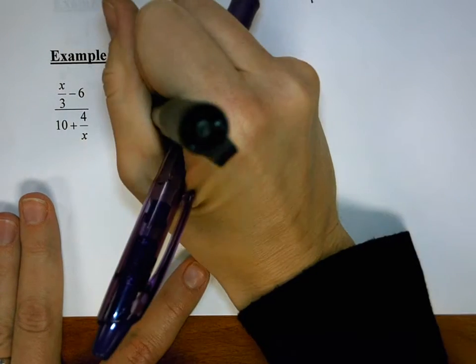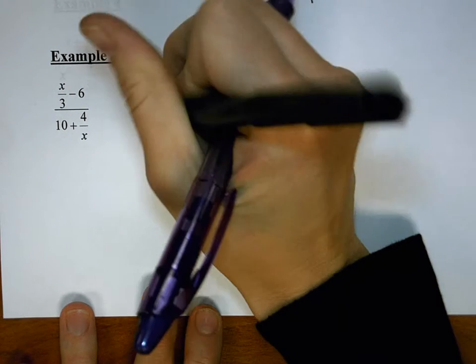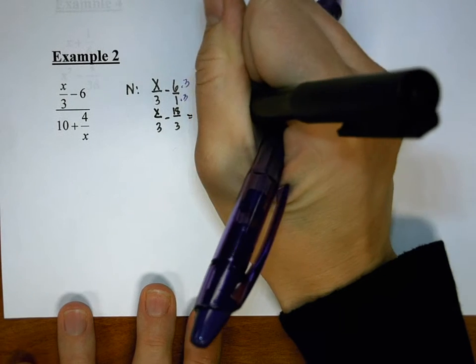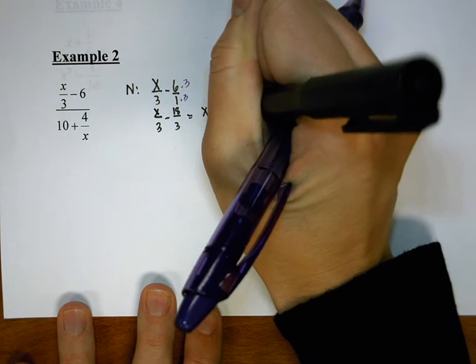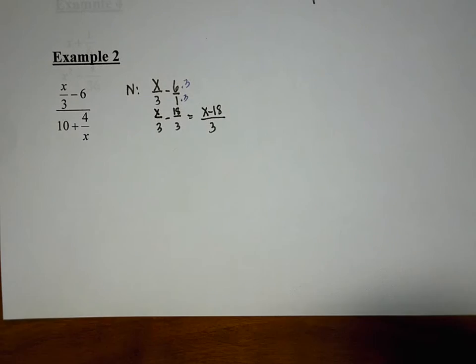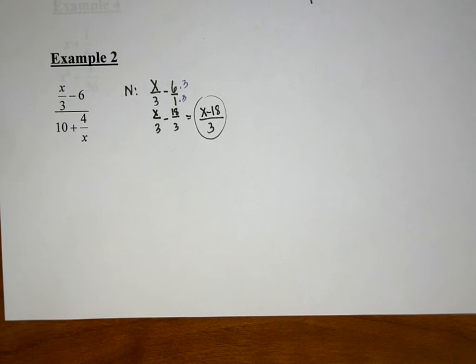So I still have x on the top here, and then 3 times 1 made 3, and 6 times 3 is 18. So now we just end up with x minus 18 all over 3. And so I can't factor anything, so this is my numerator simplified.